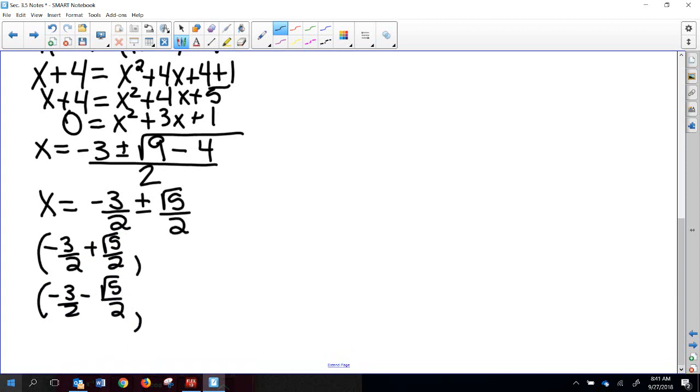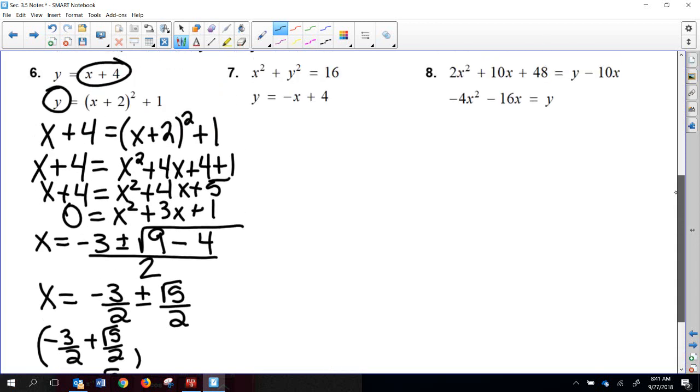And now I'm going to have to substitute those back in somewhere to figure out what y is. So we have to go back up to the start of the equation. So y is x plus 4. So I have negative 3 over 2 plus radical 5 over 2, and I have to add 4.